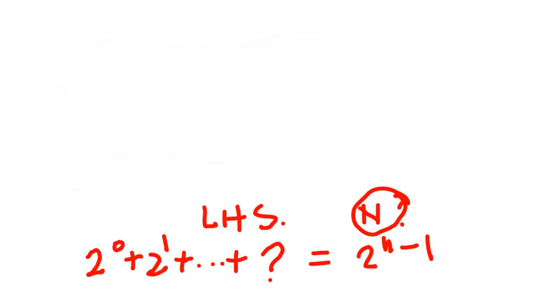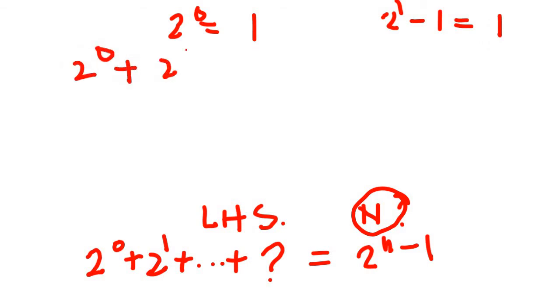the number of elements. So for example, if we try to have 2 to the 0, you'll have 1. So the property will be 2 to the 1 minus 1 with 1 element, and you'll get a 1. If you have 2 elements, 2 to the 0 plus 2 to the 1, you'll get a 3.